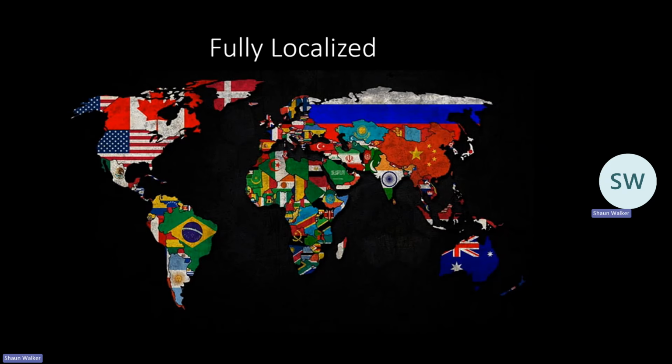Oqtane is fully localized. The UI was built in such a way that you can localize the text of the various aspects of the UI into different languages. There is a whole community of folks using Oqtane that have created localizations.